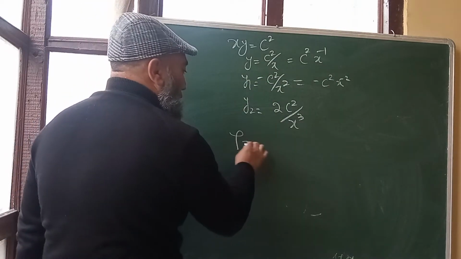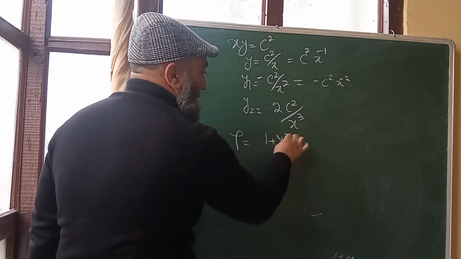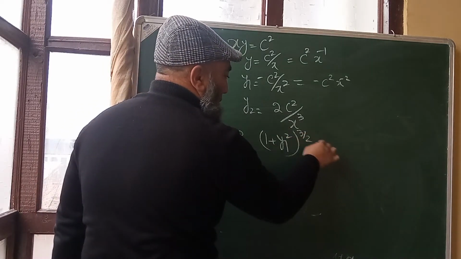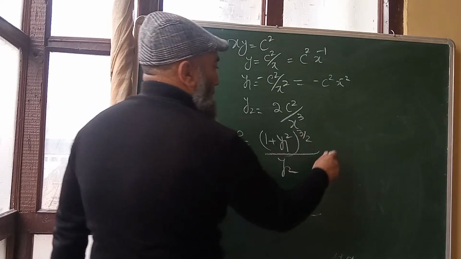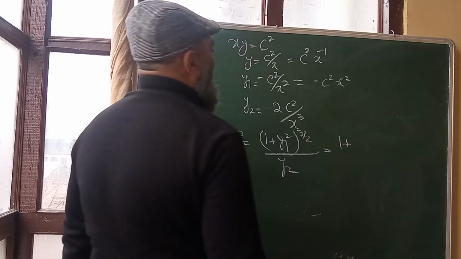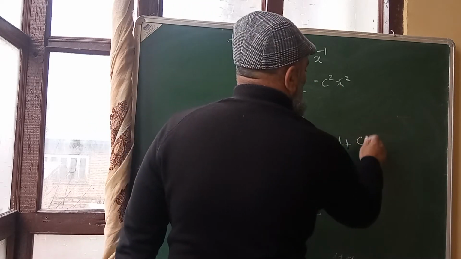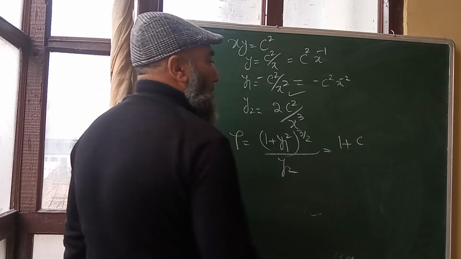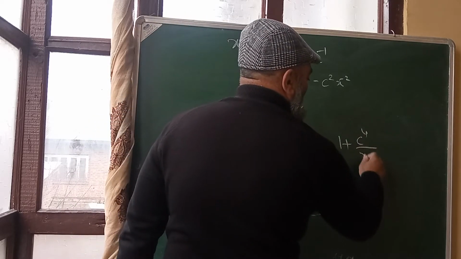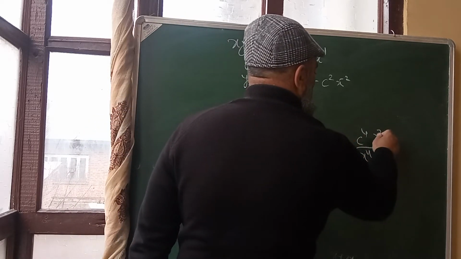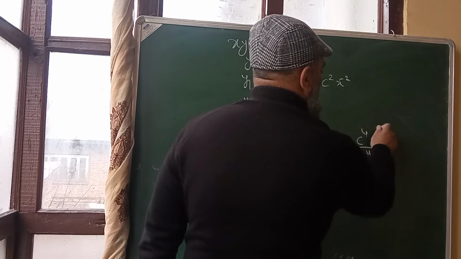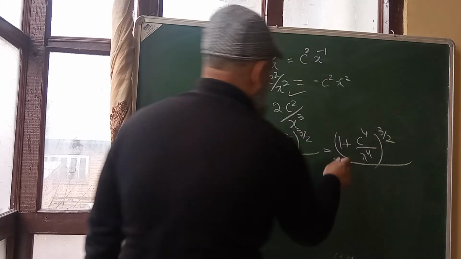What is rho? Rho is (1 plus y1 square) raised to power 3 by 2 divided by y2. This is 1 plus, what is y1? c square by x square. So (1 plus c4 by x4) whole raised to power 3 by 2, divided by y2.